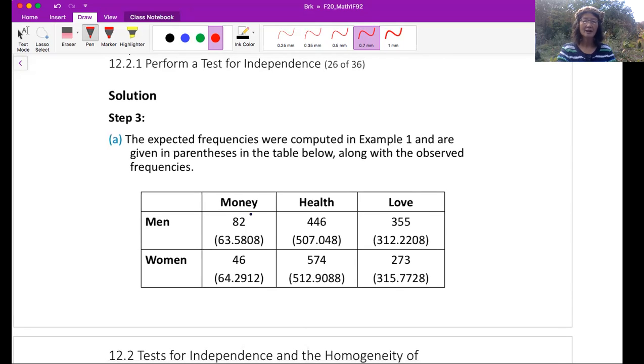Step 3, calculate the expected frequency. The numbers in the brackets are expected frequencies. Remember, how do we calculate this expected frequency? We use row total times column total divided by grand total, and that is my expected frequency.